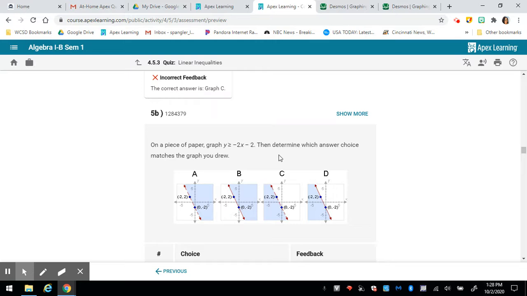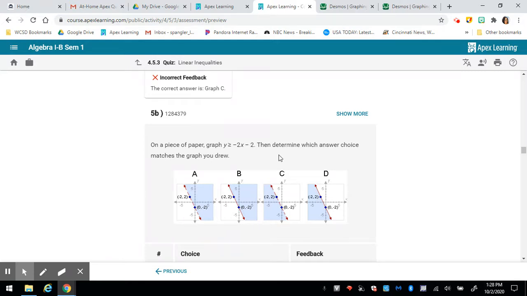If it's a dotted line, that means it does not include anywhere that dotted line falls. So we know that it has to be either B or D, because those are our 2 solid lines, because it's equal to. Now, we know it's greater than. So if it's greater than, your shading has to be above the line.